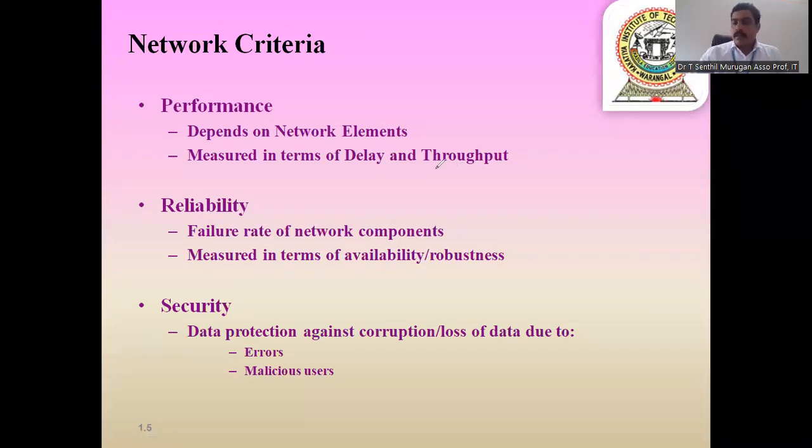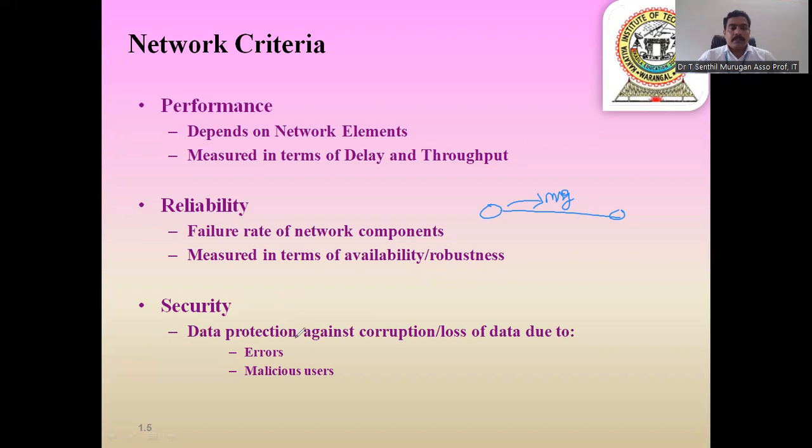Here the components are sender, receiver, the link or medium used to transmit the message, the message itself, and the protocol. So these 5 components are there in the network. How the failure rate of the components is considered is reliability. It may be measured as availability and robustness.